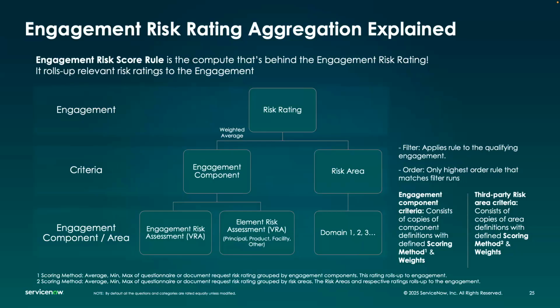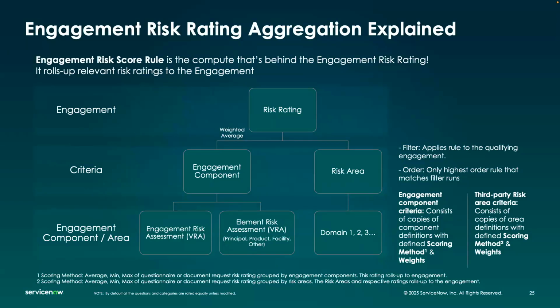So while the engagement component criteria helps identify where the risk is coming from, the risk area criteria help interpret what kind of risk is present. The engagement risk rule ties all of this together. It includes a filter condition which determines which engagements the rule applies to, and an order which ensures that if multiple rules match, the one with the highest order value is executed.